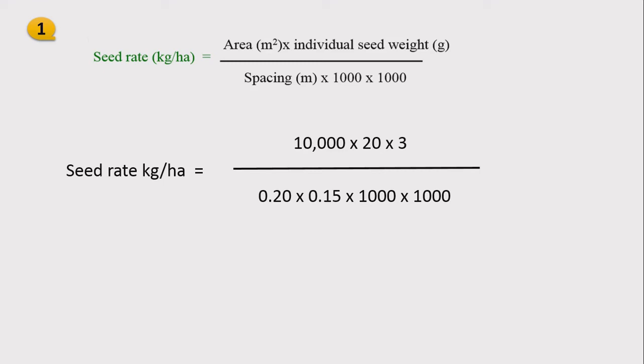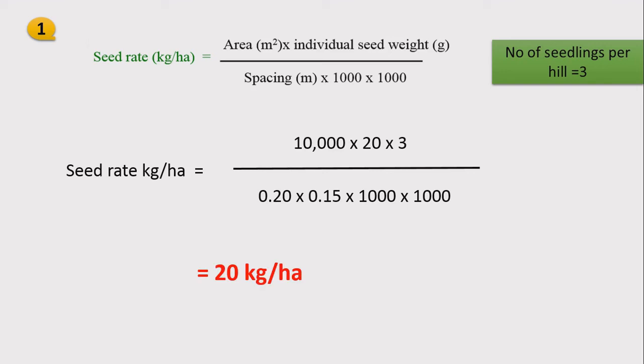So 10,000 into individual seed weight 20 into 3 divided by 0.2 into 0.15 into 1000 into 1000. Here into 3 is the number of seedlings per hill, which I am calculating directly. If you want, after calculating the entire problem, you can multiply by 3. This gives 20 kg per hectare.